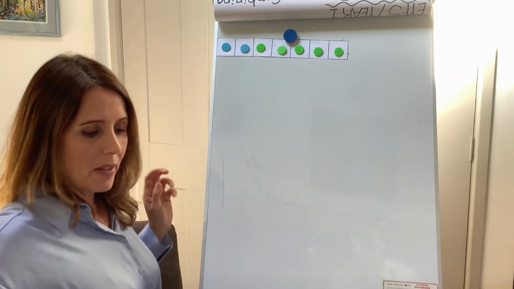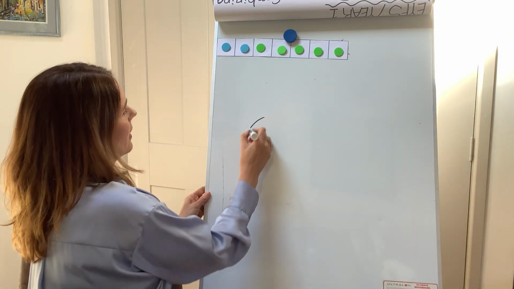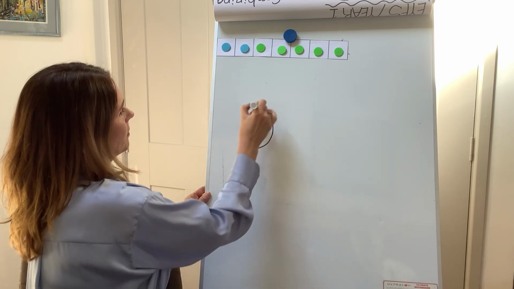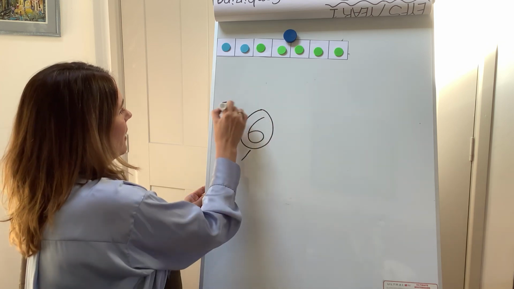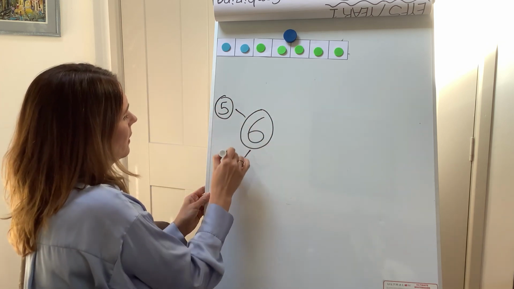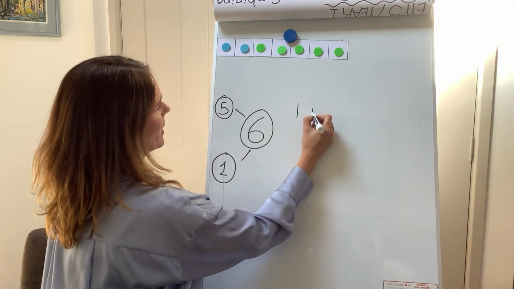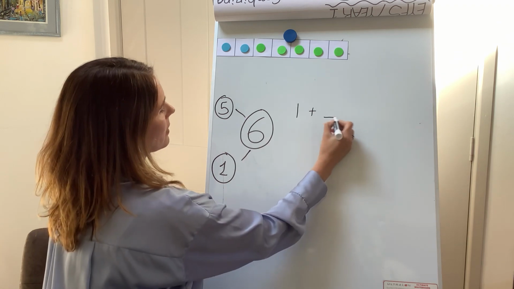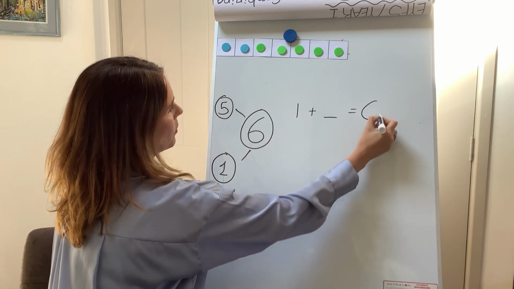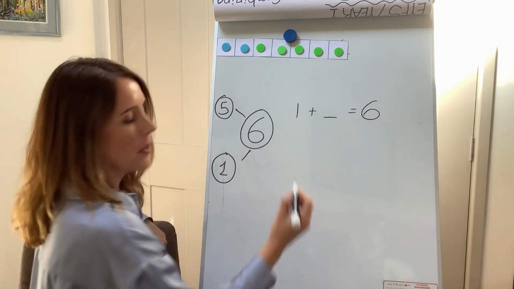So, if we've got 6 is the whole, and 5 and 1 are the parts, we can make missing number sentences. 1 and something is equal to 6.